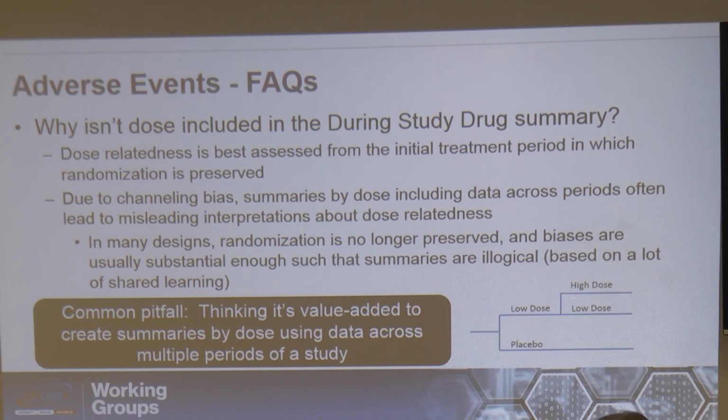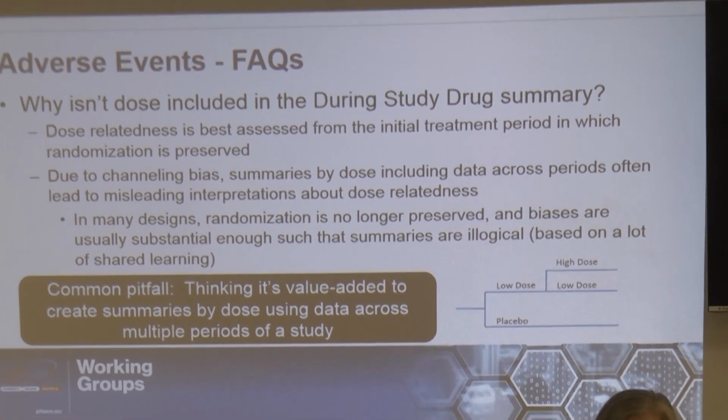Very common pitfall. People think that creating summaries of dose across your treatment periods gives you something meaningful. But the problem is that it's an extremely biased comparison, because only certain people are making it to that extension phase.